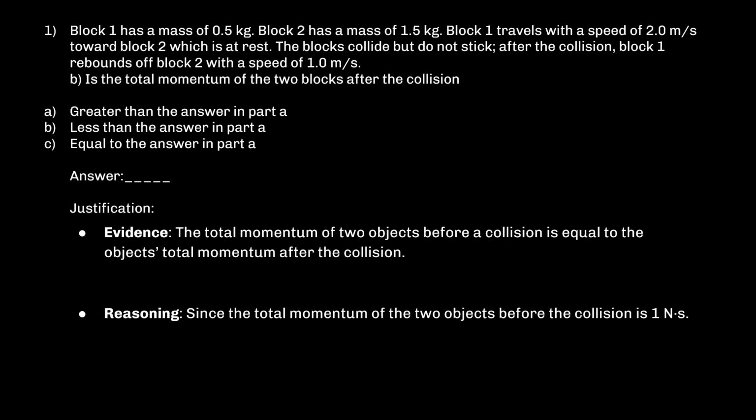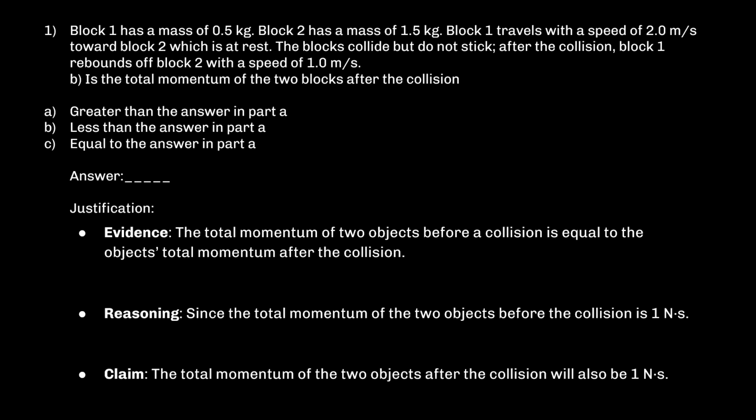So since the total momentum of the two objects before the collision is 1 newton times seconds, I'm then going to have my claim that my momentum after the collision should also be the same thing. That's going to be essentially my answer here. My claim is the total momentum of the two objects after the collision will also be 1 newton times seconds. So answer choice C here is going to be my answer. It's going to be equal to the answer in part A.